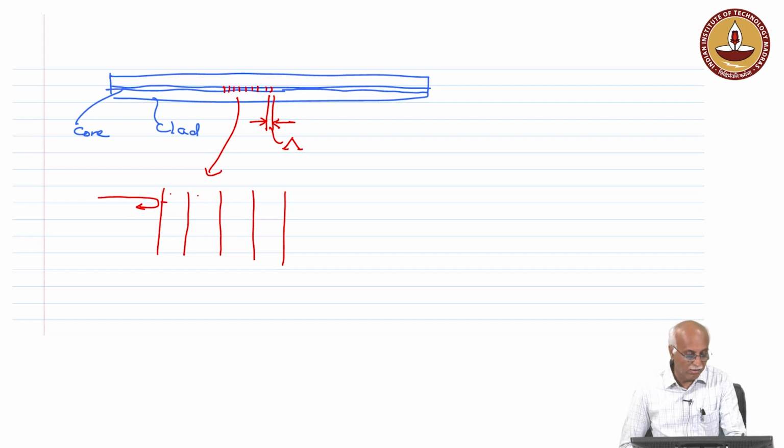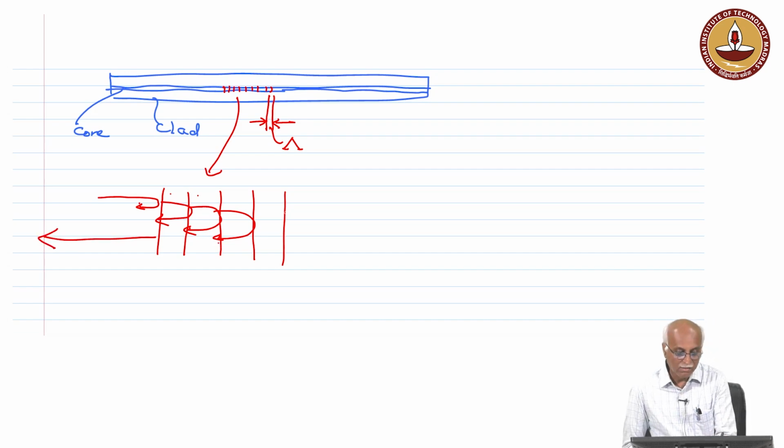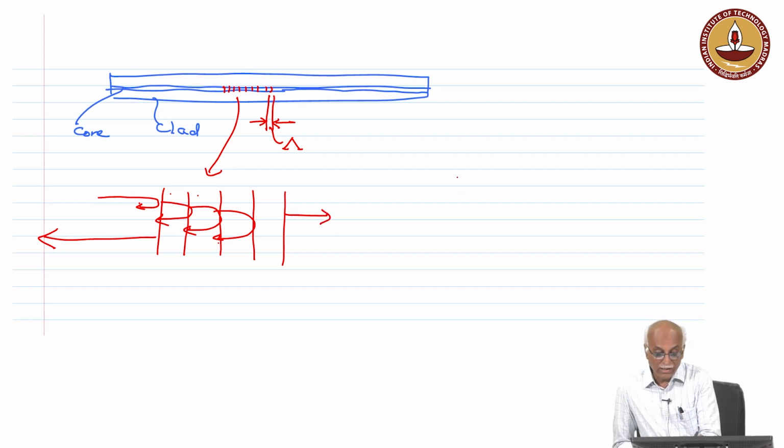So there is reflection at every point, and if these reflections add up constructively, we end up with a reflected beam and the transmission ceases. It is very similar to a Fabry-Perot interference approach. I will discuss it later, but this is a very simplified form.